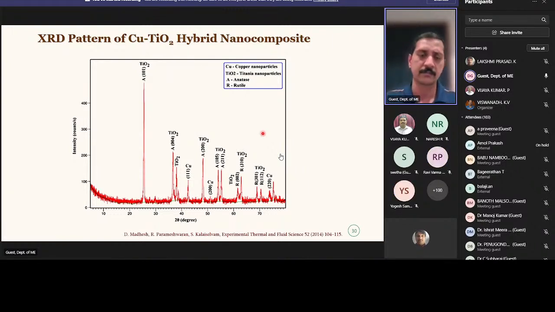The main advantage of adding the copper into the titanium particle is to enhance the crystallinity of these hybrid composites.